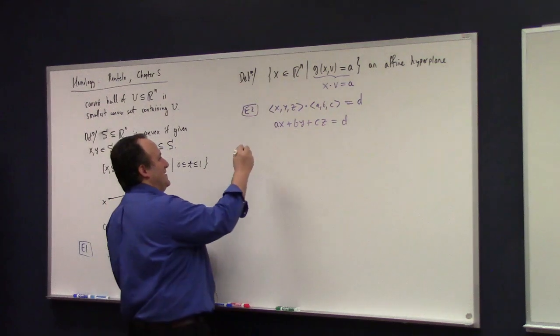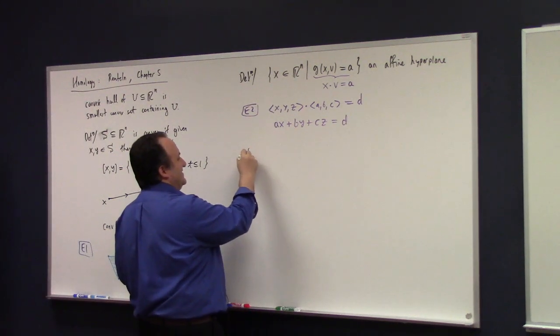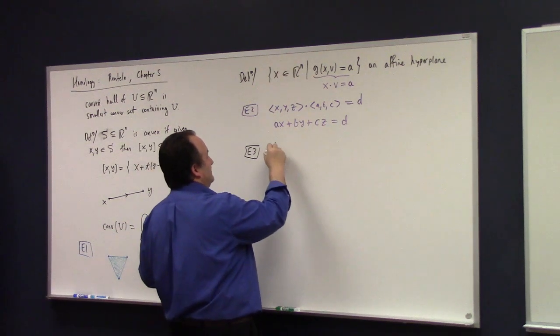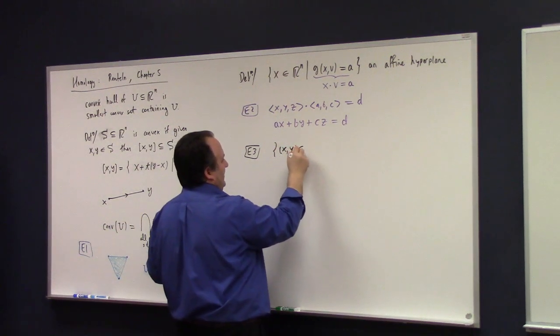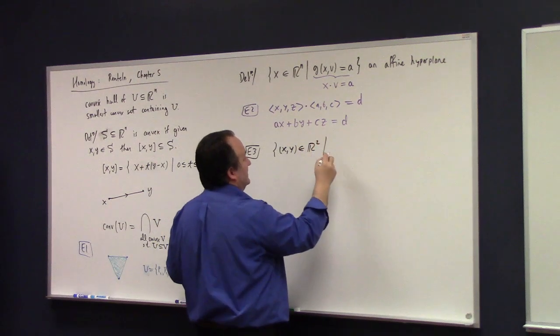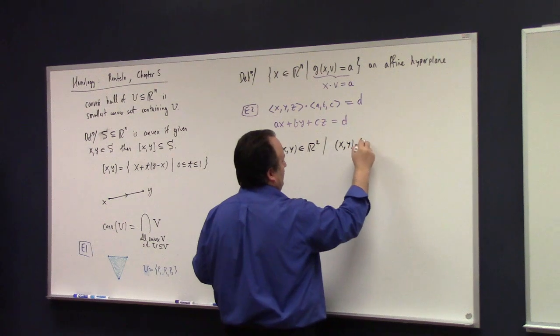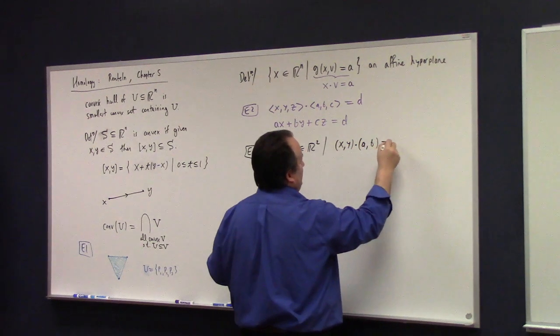Okay, so example 3, I could look at (x, y) in R2 such that (x, y) dot (a, b) equals a constant.